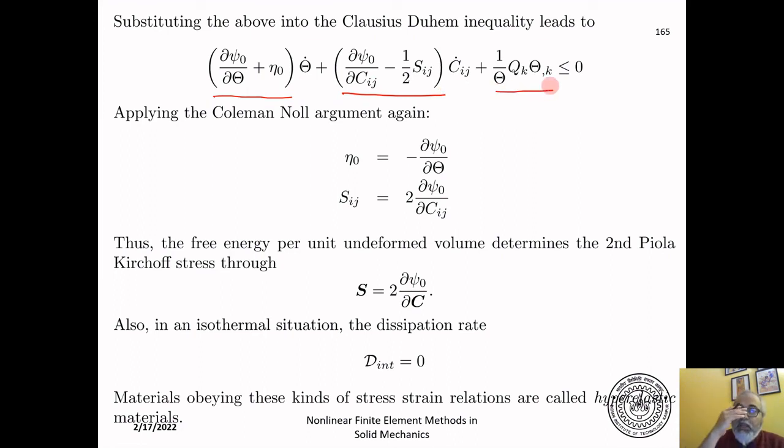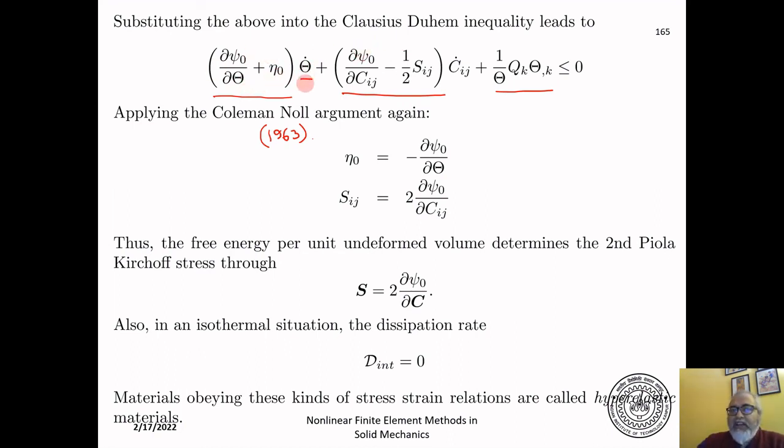So now, again, we use this argument which is due to Coleman and Noll, 1963. The argument is the same as what we used for a rigid conductor. The argument is that this quantity does not depend on theta dot, and this quantity does not depend on C dot, from the constitutive assumptions that we have made.